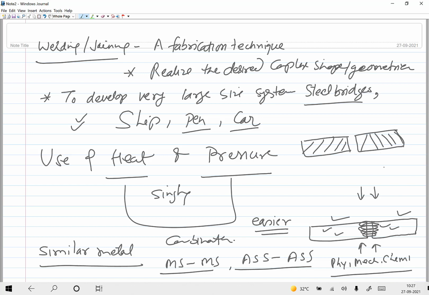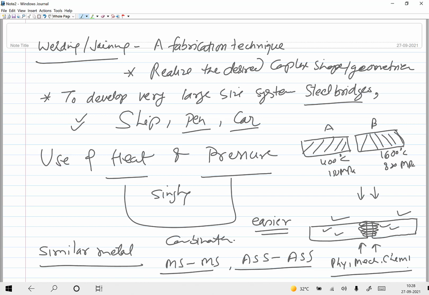Say metal B and metal A: this has a melting point of 1600, this has 400. This has a strength of say 800 MPa, and this has a strength of 150 MPa.